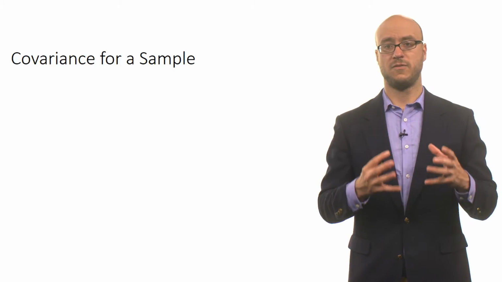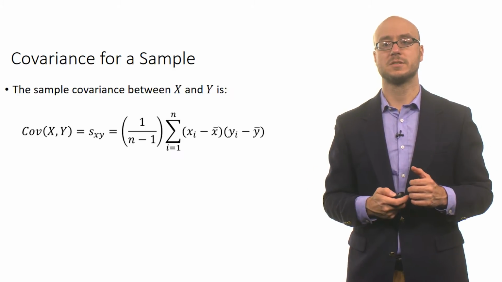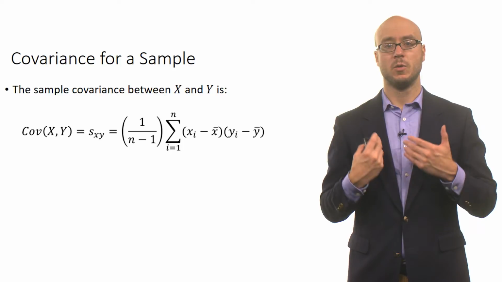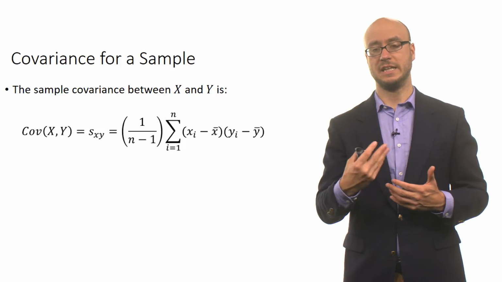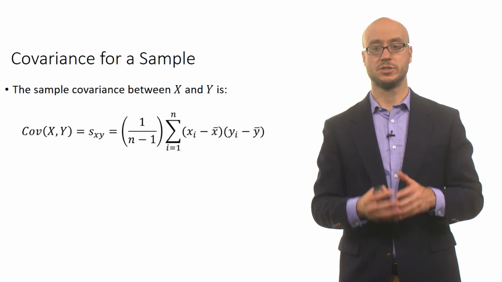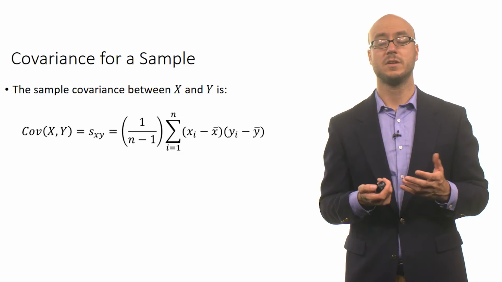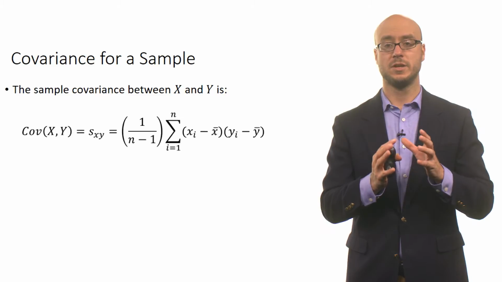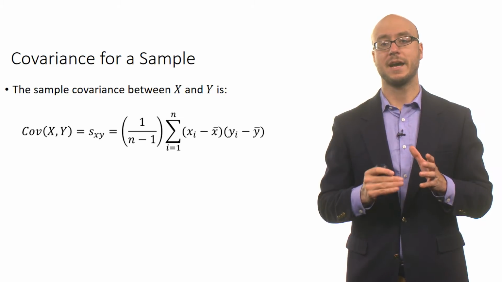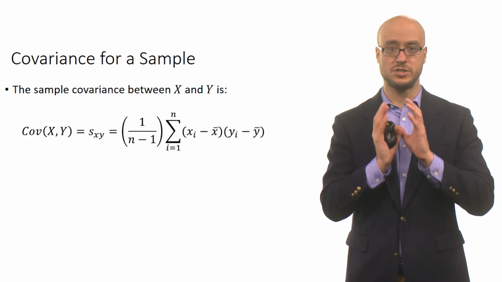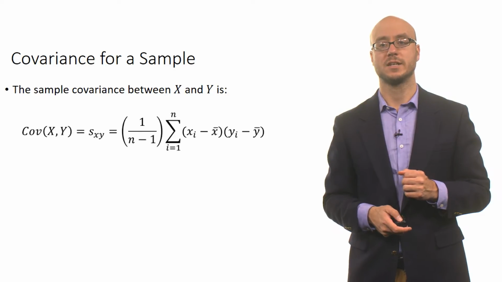We can also look at the formulas for covariance to understand what's going on. If you have a sample, recall that we use a slightly different notation than for a population. If you collect a sample of data, the covariance between x and y is given with this formula. It's denoted by S subscript x, y. That is just the notation for the covariance of x and y.